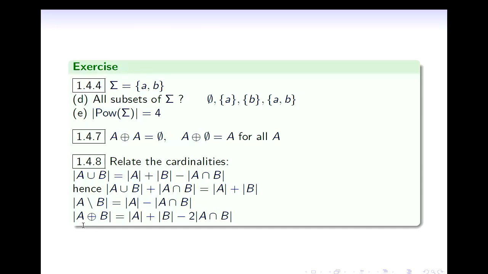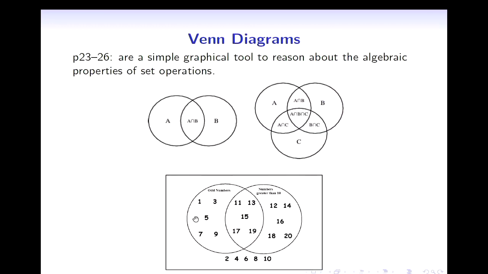Symmetric difference: you can only take elements that are in A but not in B, and only take elements that are in B but not in A. So you have to actually subtract the size of the intersection twice. And again, this will be very clear if you look at this example.